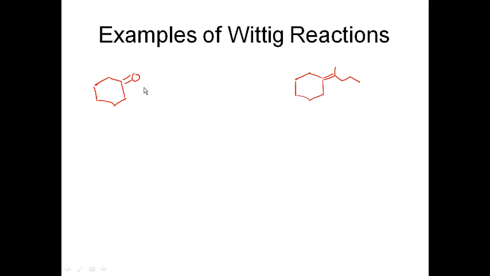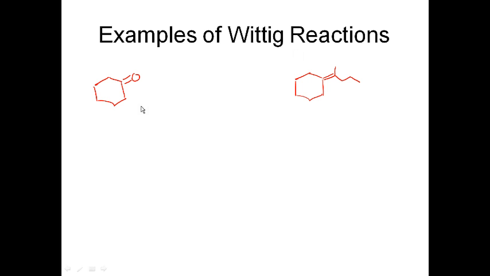If I asked how you would go from cyclohexanone to forming this molecule, we'd have to think long and hard about how to do that reaction. It would probably involve a Grignard. You'd take this Grignard and add it to the carbonyl, which would give an OH group here. And then you could use H3PO4 or sulfuric acid to dehydrate to form the double bond.